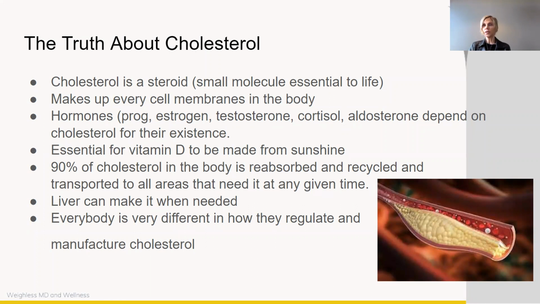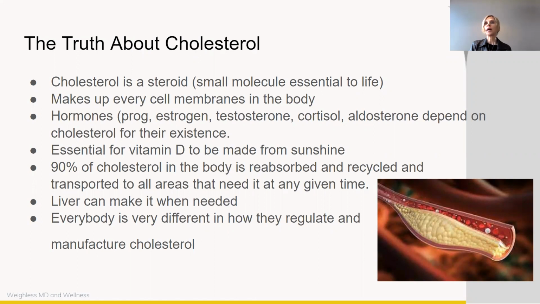When you don't have enough cholesterol, which a lot of people now are walking around with not enough because we're medicating them to very low levels, then you cannot produce your own hormones. It's essential for vitamin D to be made from sunshine. So it's obviously involved in that whole chemical reaction of vitamin D synthesis.